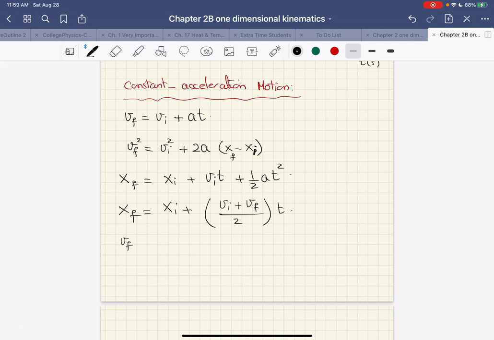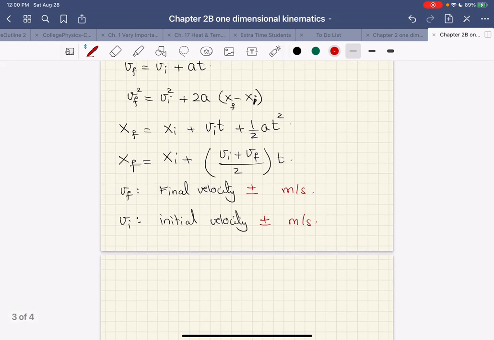Now VF is the final velocity, and since it is a vector quantity, it can be positive or negative, and its units are meters per second. The second one, VI, is the initial velocity, and it is plus or minus meters per second because again it's a vector.